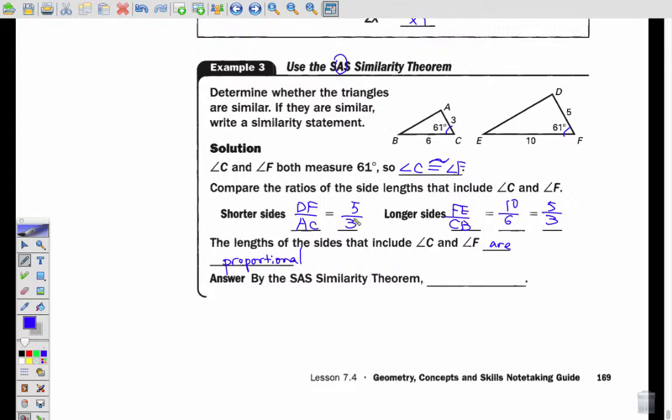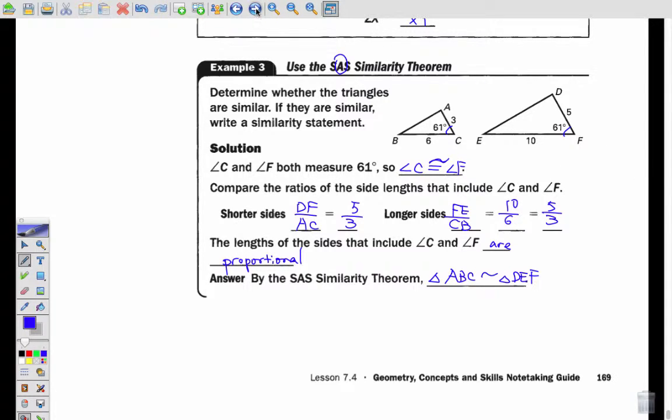And these are the scale factors, basically. So by SAS, we can say triangle ABC is similar to triangle DEF. Okay. So when two sides and an angle is given, make sure that it's two sides that includes that angle, and then go for SAS.